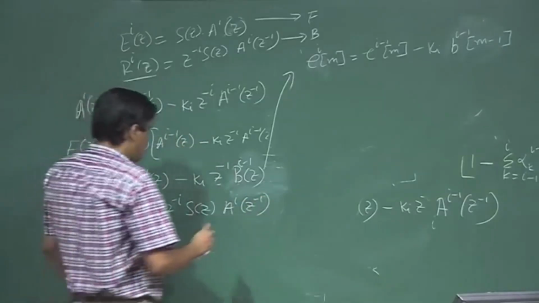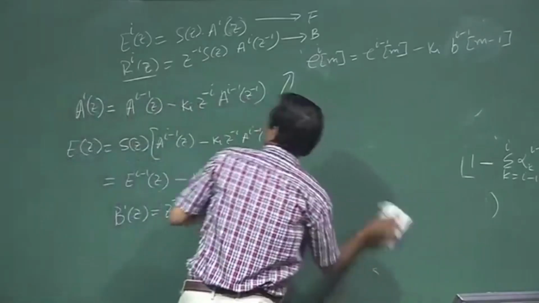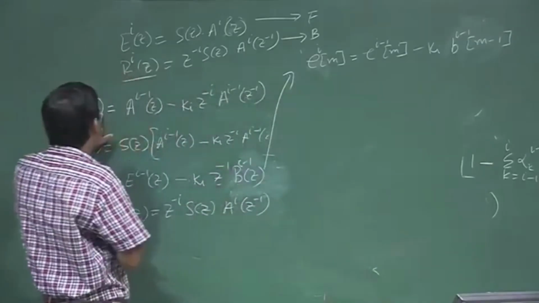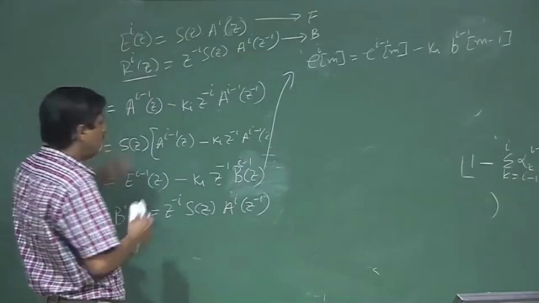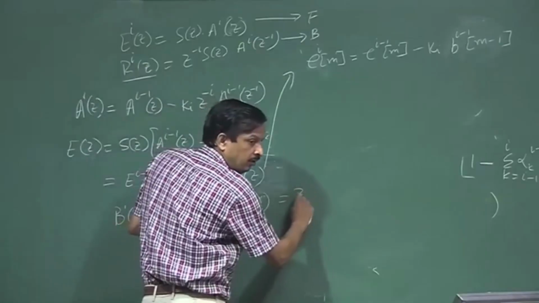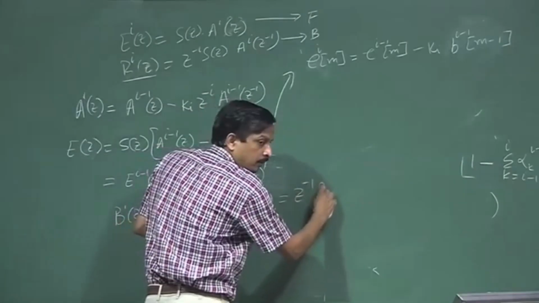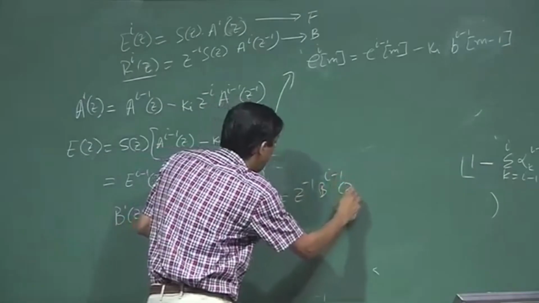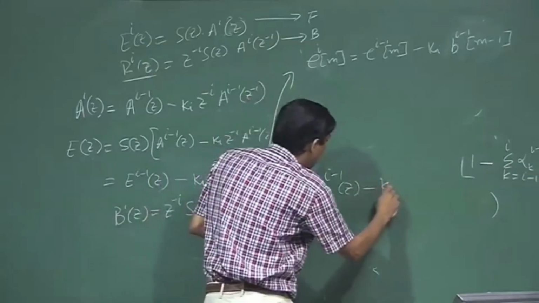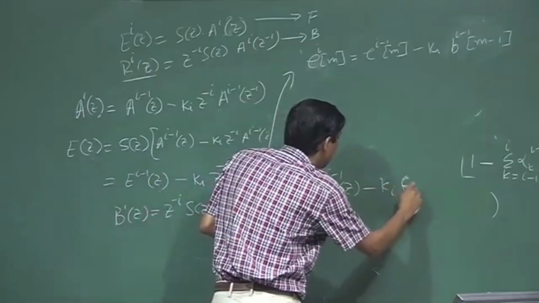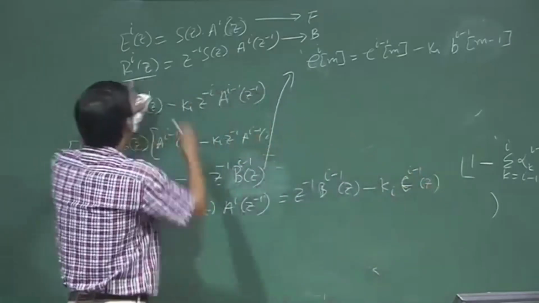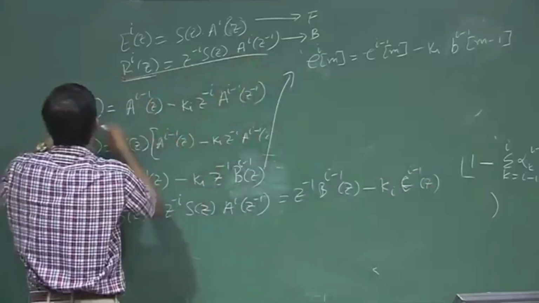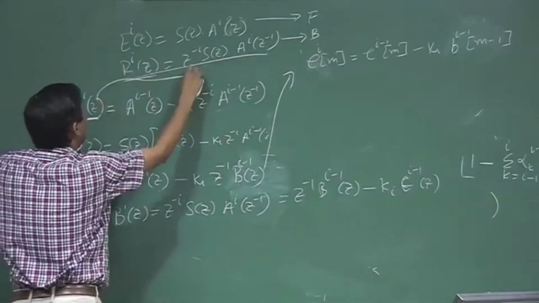Now I can put the same A i value, instead of z to the power minus 1. If I put that, then I get z to the power minus 1 B i minus 1 of z minus k i E i minus 1 of z.